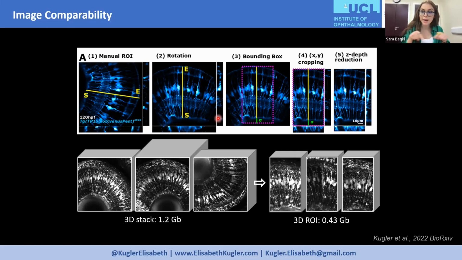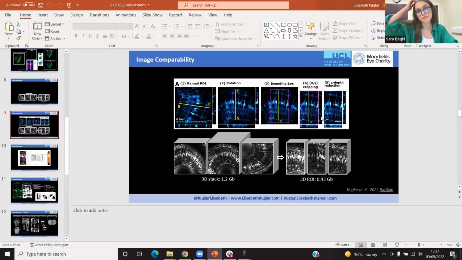And it will create a bounding box around that line to highlight a region of interest, which we call ROIs. It will then crop the X, Y, and Z dimensions around that region of interest. It will do this in a standardized way for all of your images. Okay, so we can show the group how to do it now using Fiji.